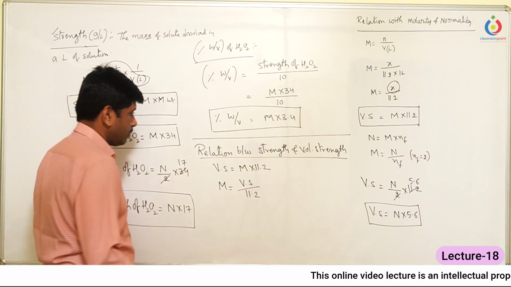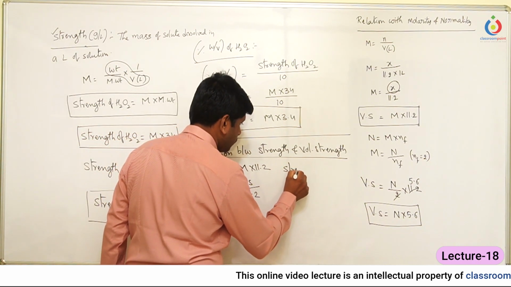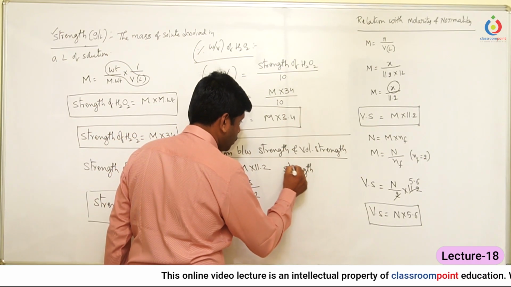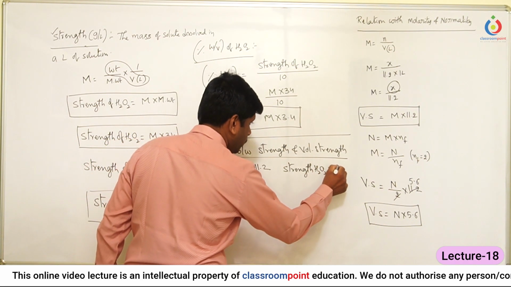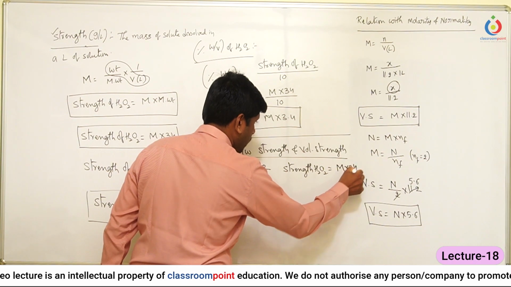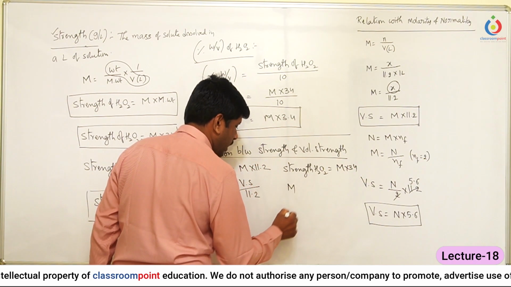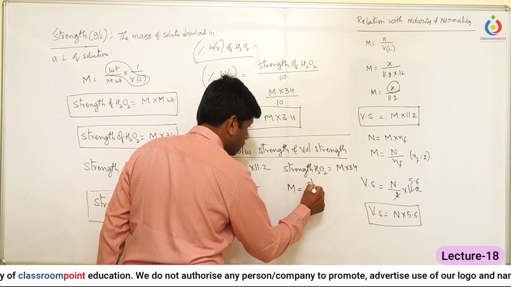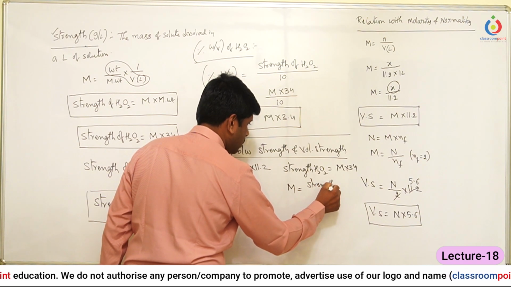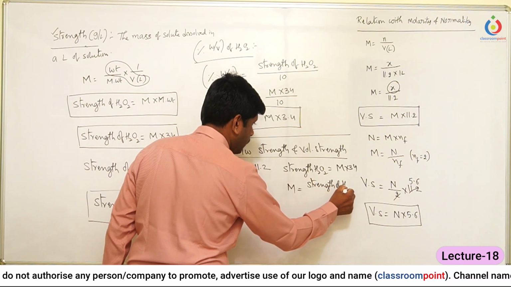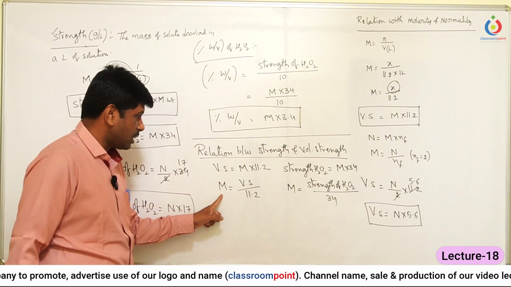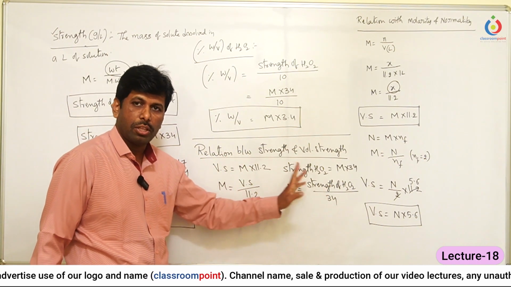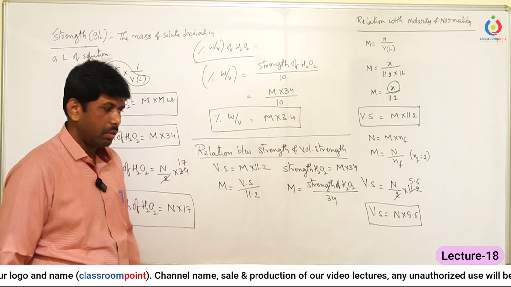Whereas strength of H2O2 equals to molarity into 34. In the place of molarity, now I will write down the strength of H2O2 divided by 34.